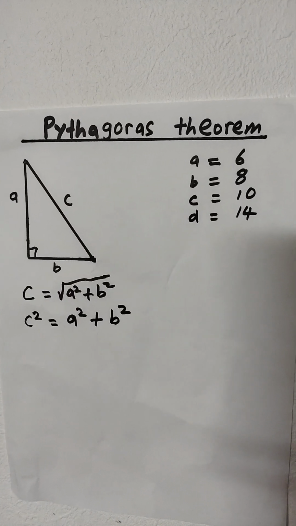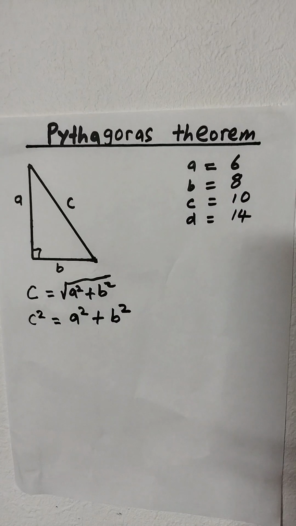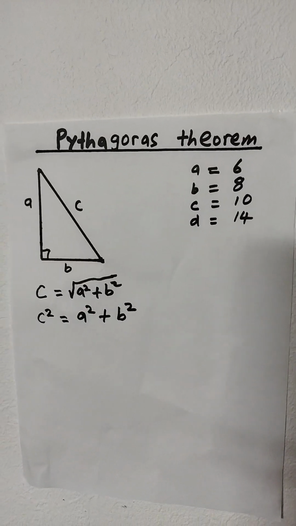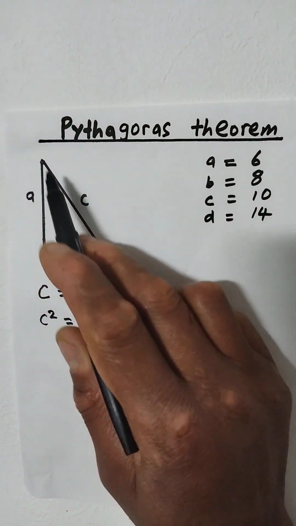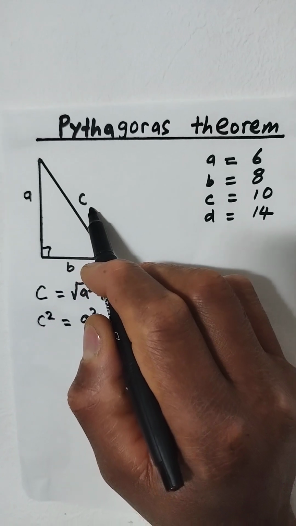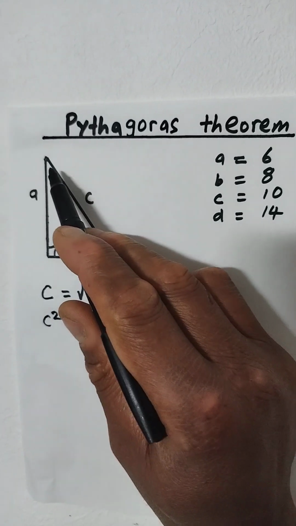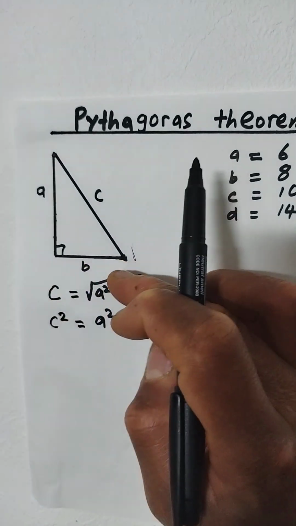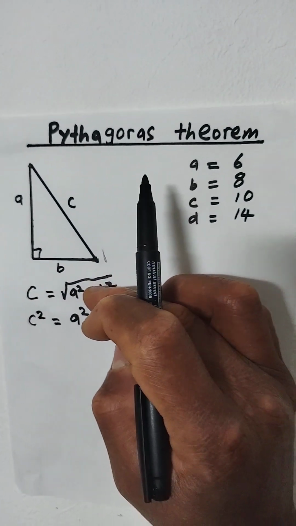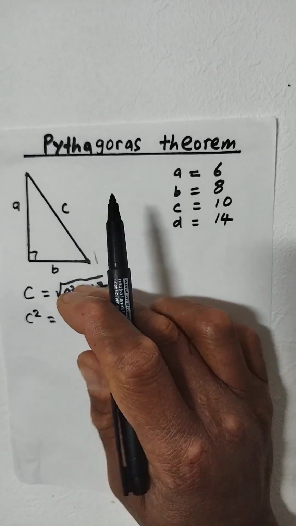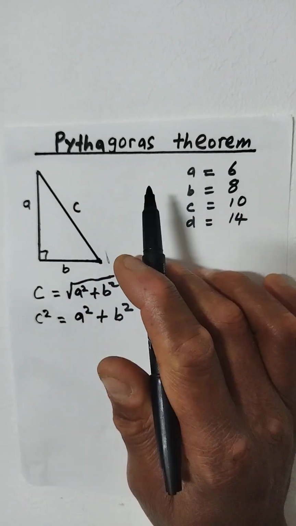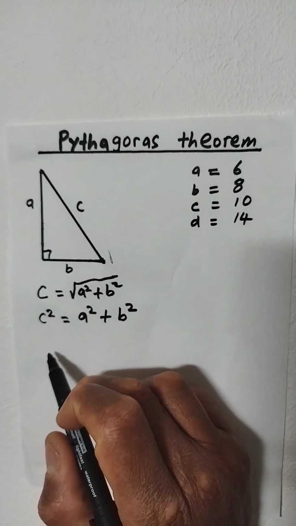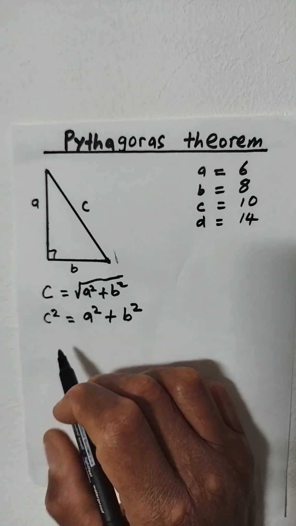now let us make it more realistic. C, this is the hypotenuse. A and B are the other two sides of the triangle. So, to make the theorem more realistic, let us solve a mathematics problem like this.